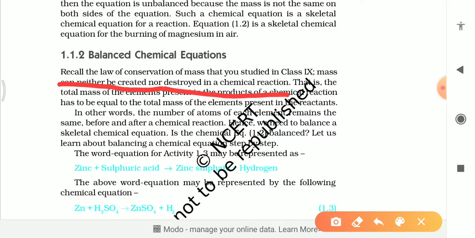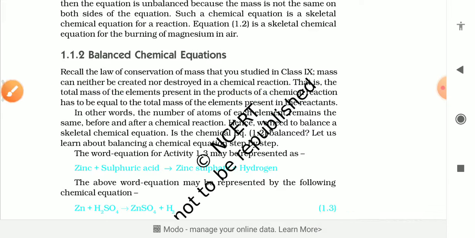When we balance a chemical reaction, students, keep one thing in mind: you will not change the formula of any element or compound to balance an equation. This is a very important thing. I told you that when you balance chemical equations, mass can be neither created nor destroyed.